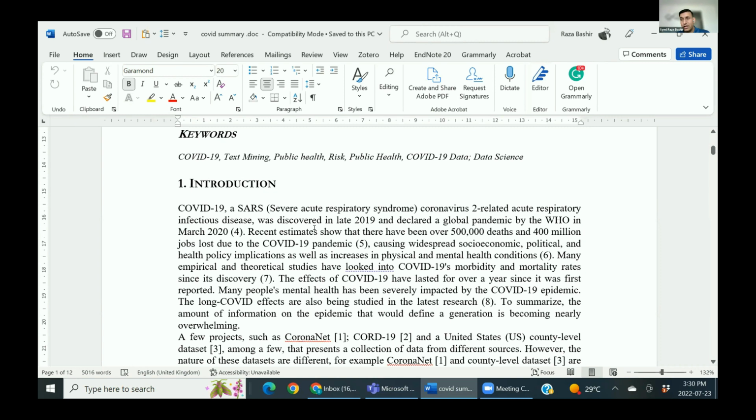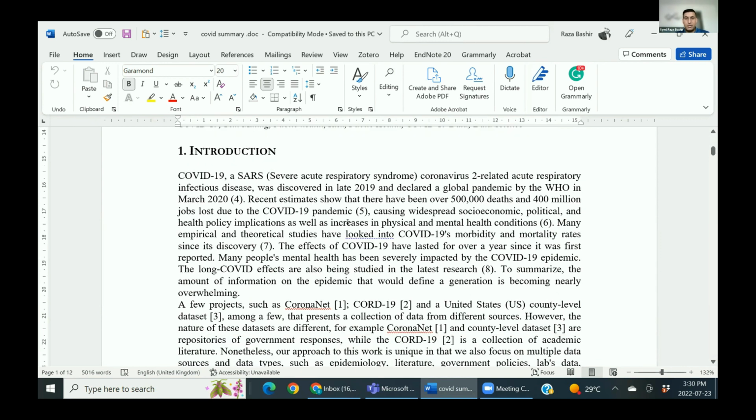Still, in Canada also there are rising cases, but because of the vaccine the severity is very low. So still people are suffering.